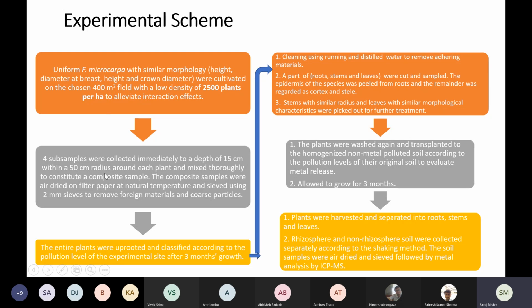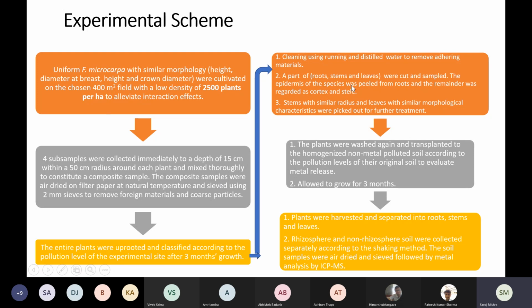Within a 50 centimeter radius around each plant, you take out the soil and it is mixed thoroughly to constitute a composite sample. This sample is air dried and sieved to remove the foreign material and the coarse particles. The entire plant is then uprooted and classified according to the pollution level, etc. It is cleaned up, etc.